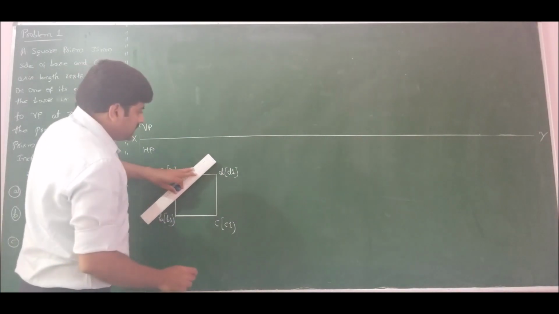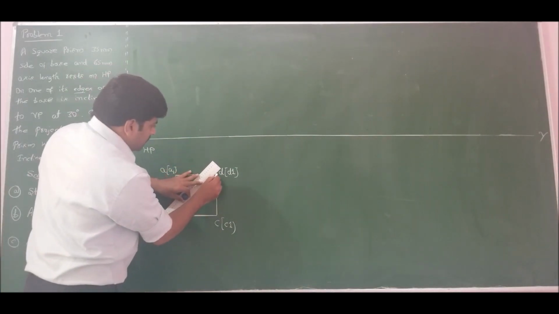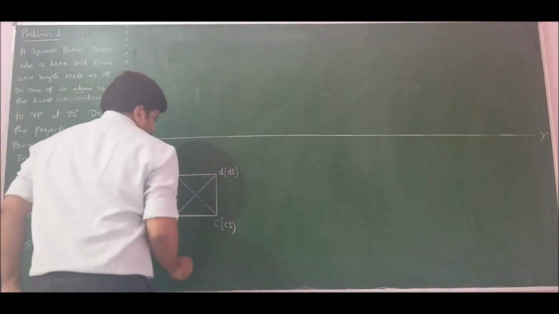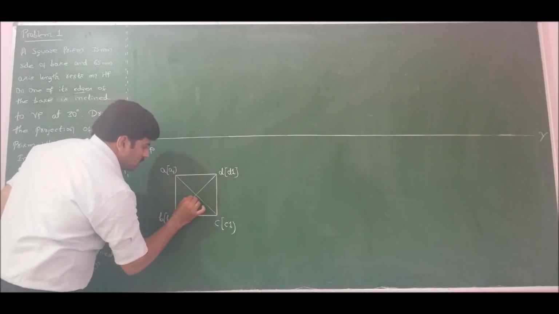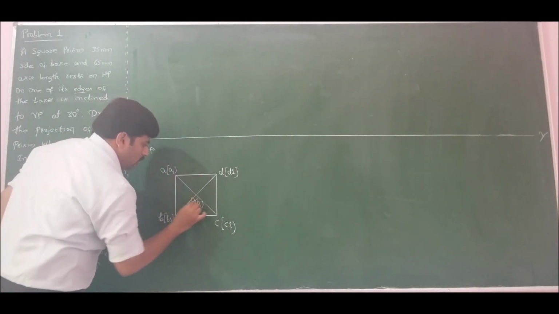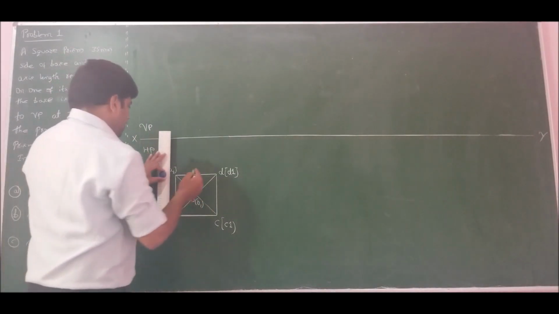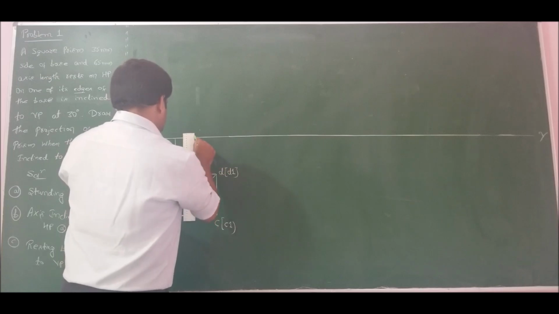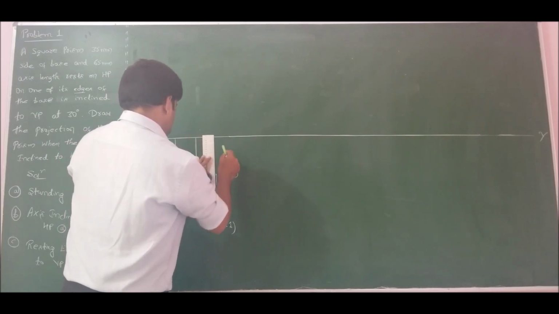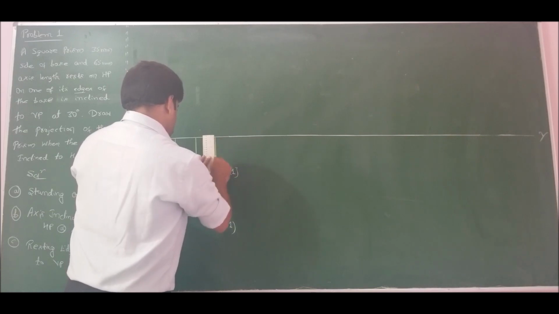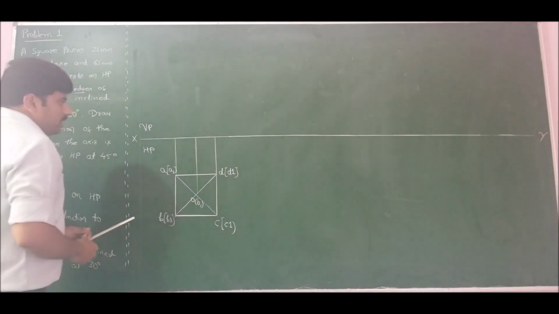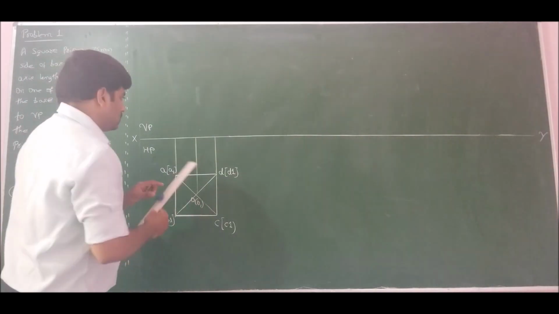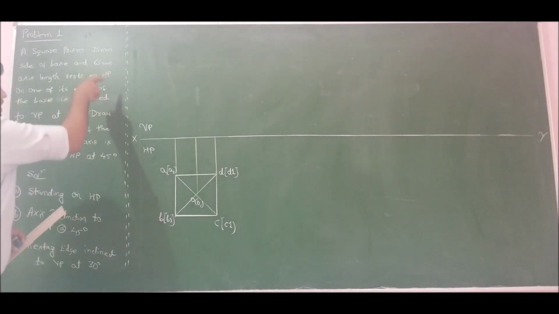Now mark the center so that you can easily mark the axis. Let us mark the axis as O and O1. Now take the projection. The height of this prism is given as 65 mm.